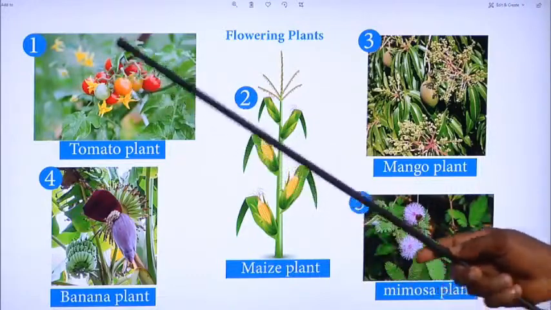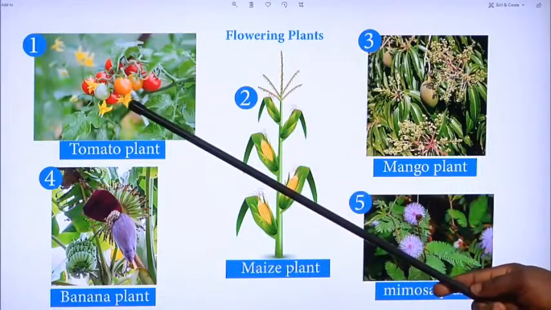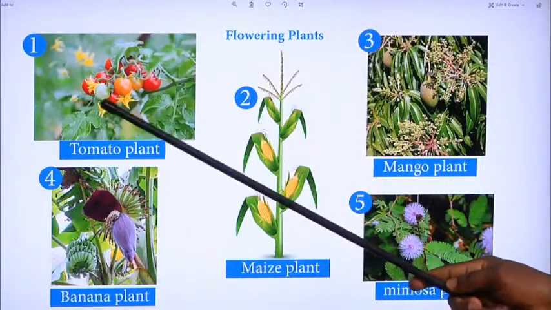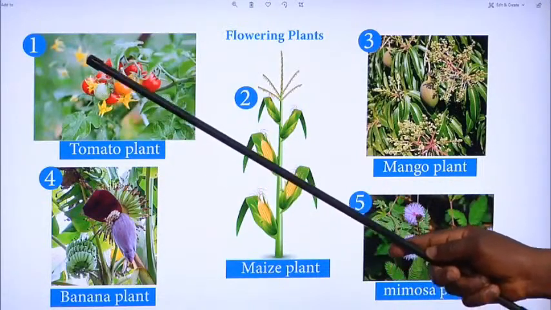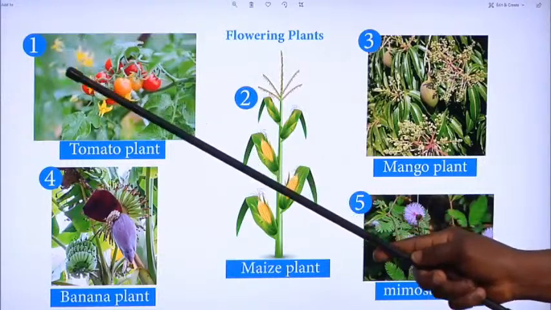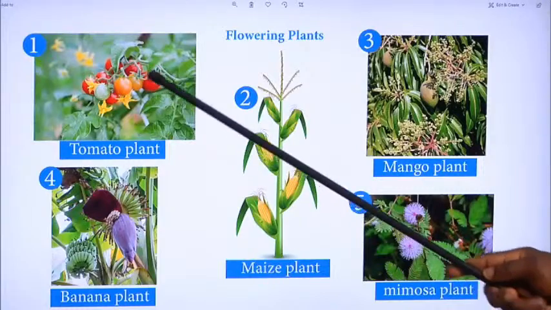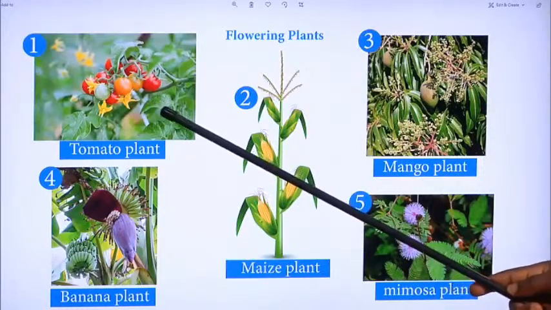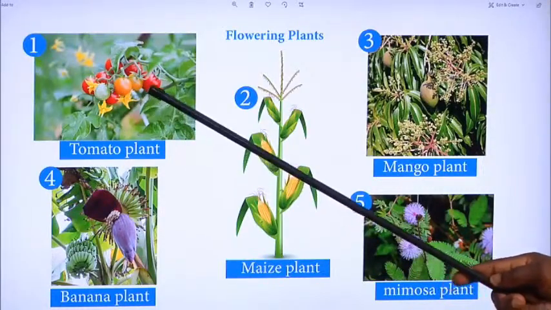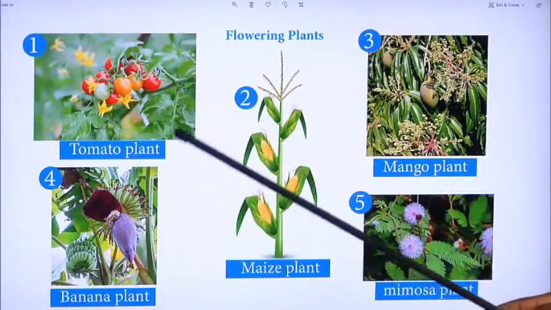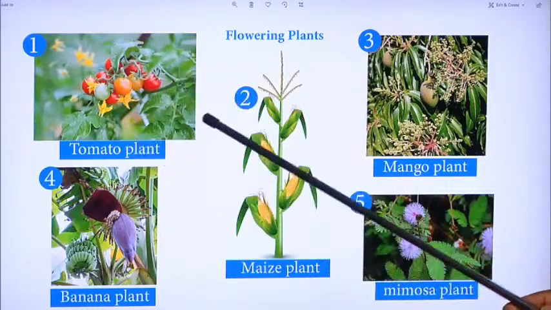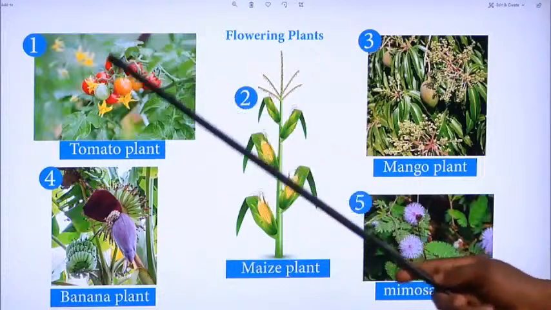Let's look at the flowers. What color is the flower? Yellow. Good. So a tomato plant has yellow flowers.